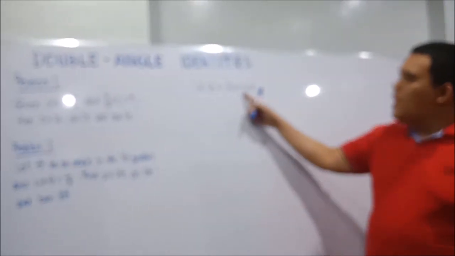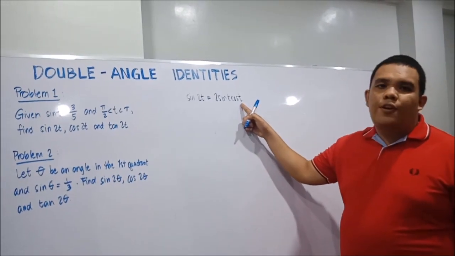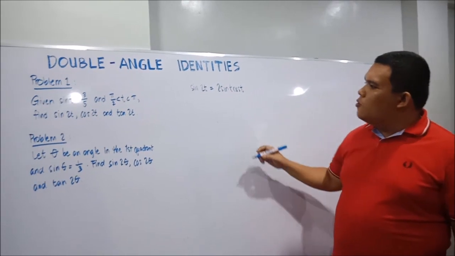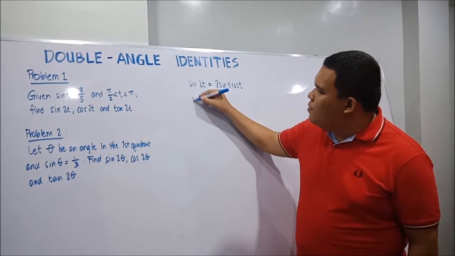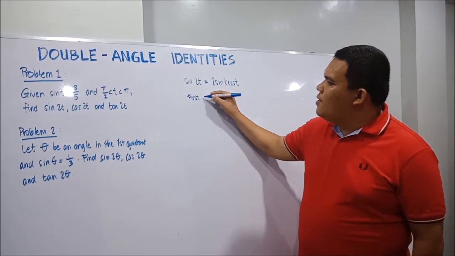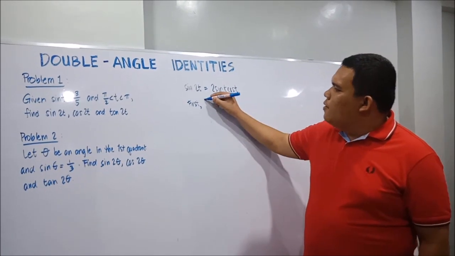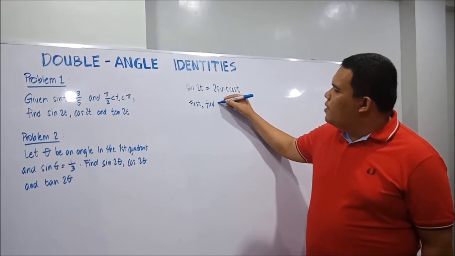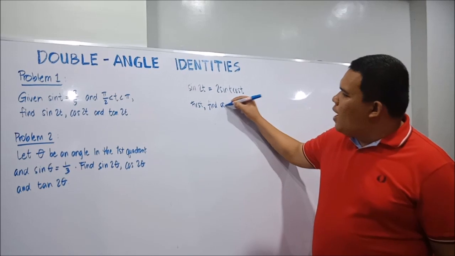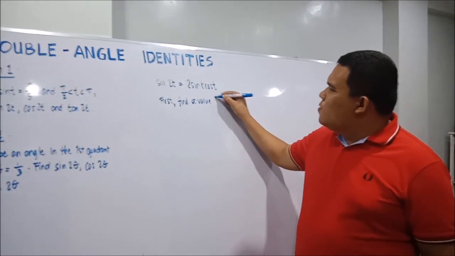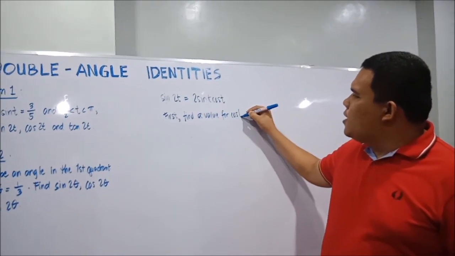Now we have a value for sine t, but we don't have a value for cosine t. So we make use first of our fundamental identity to find a value for cosine t.